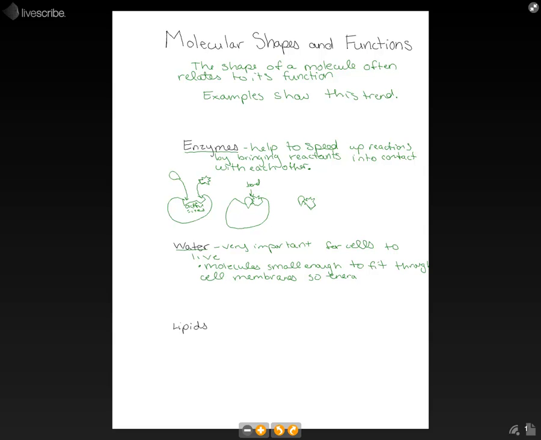So energy is not used to transport water. And it is so easy to transport it because of the polarity.